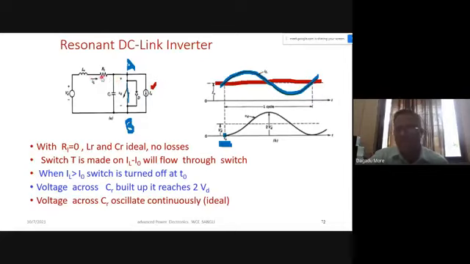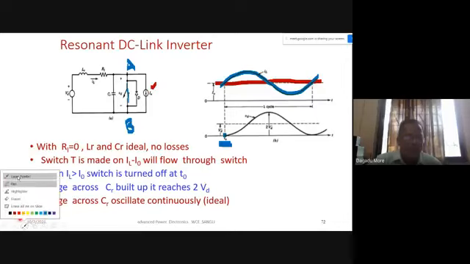IL will definitely be greater than I0, because some additional current will flow through the switch while I0 is as it is. And because of that our IL will increase. This switch can be on only for a very short duration, a few milliseconds or a few microseconds.